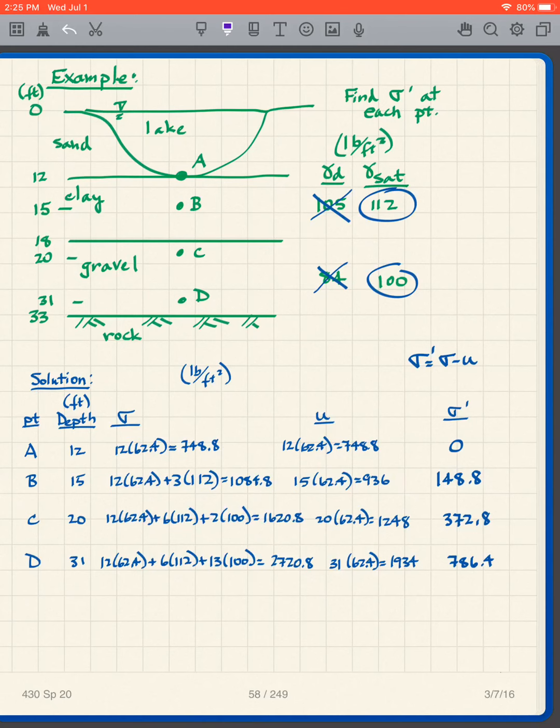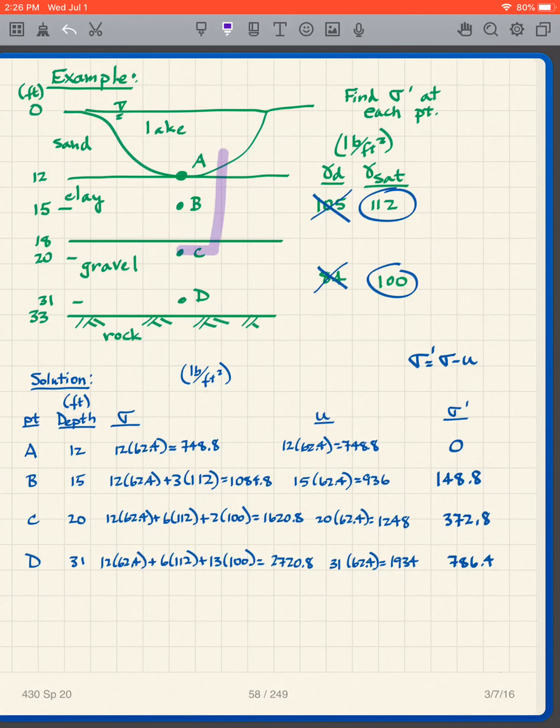For point D, I've got 12 feet of water, 6 feet of clay, and 13 feet of saturated gravel. 12 feet of water, 6 feet of clay, 13 feet of saturated gravel. My pore pressure, well, I put a piezometer for A. Where does it go? 12 feet. For B, 15 feet.